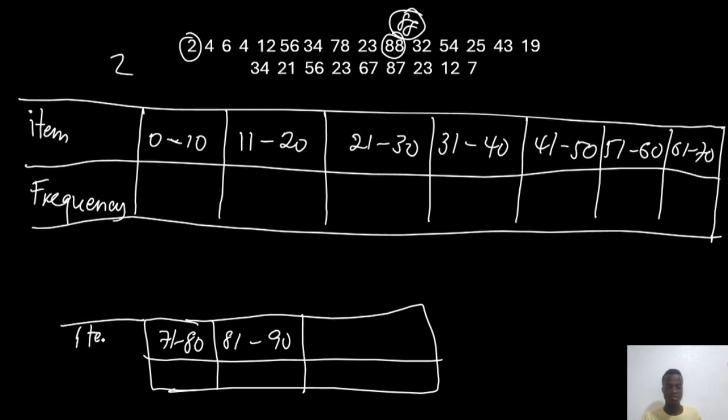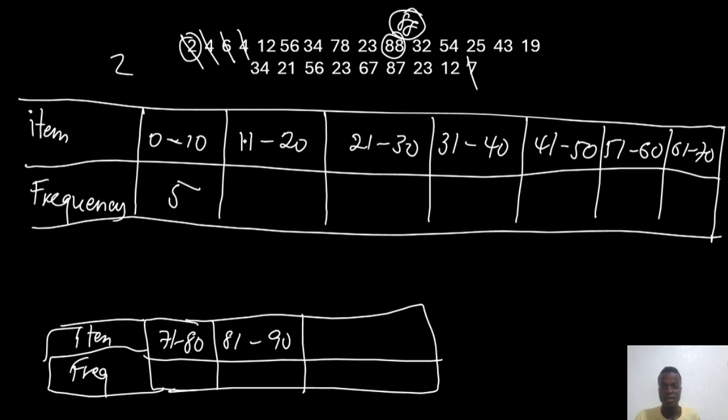So, item frequency. Let's capture the items in one bracket. Let's say 0 to 10. This one falls 1, 2, 3, 4, 5. So there are 5 items that fall within that from our data. 11 to 20. I think 1 is here, 2.